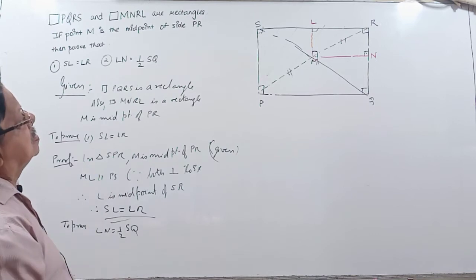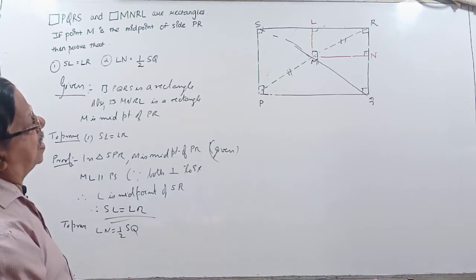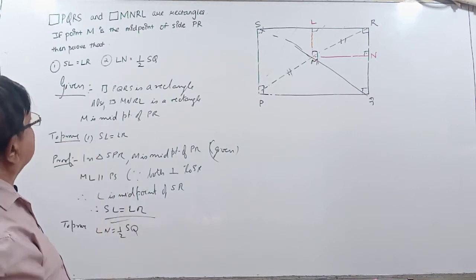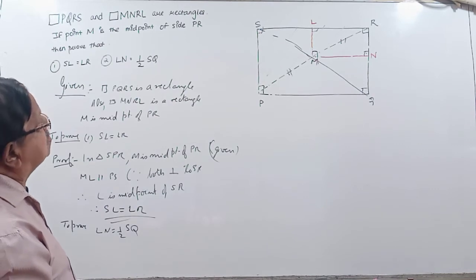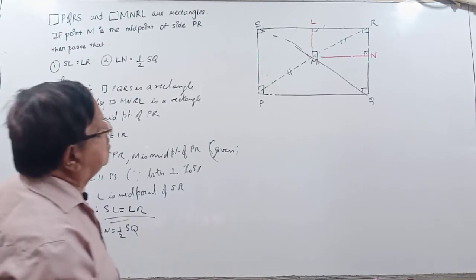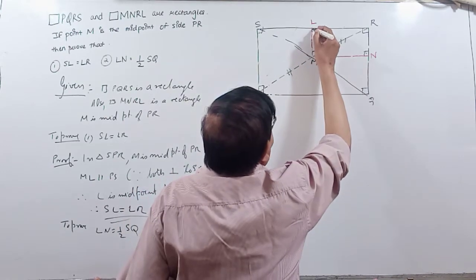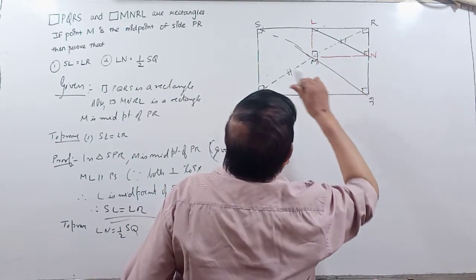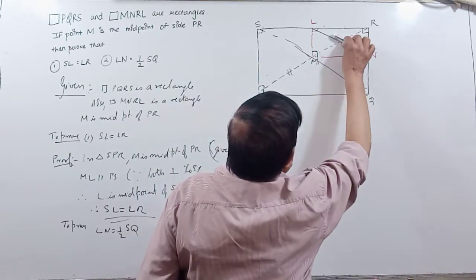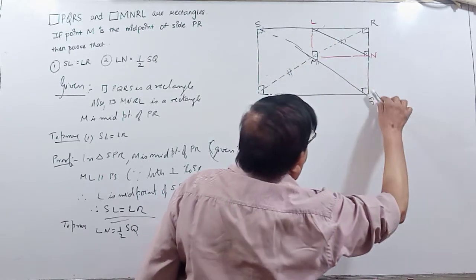We will have to prove that LN is parallel to SQ. We will join LN and SQ also.